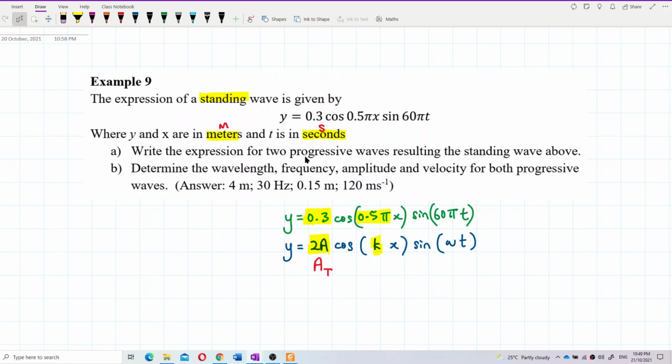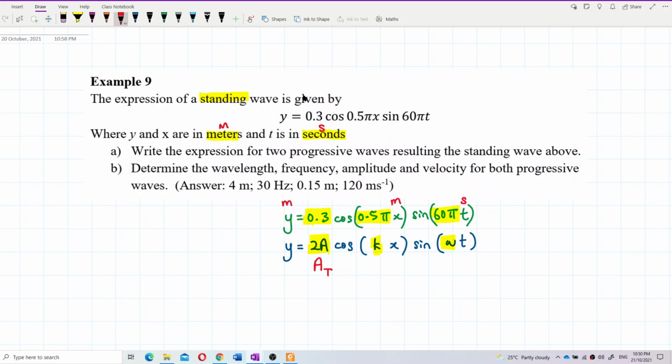This is the k. And this is the omega, 60 pi, with the t. So k is 0.5 pi, and omega is 60 pi. And then write the unit. The unit of y is in meter, so x is in meter also, and then time is in second.